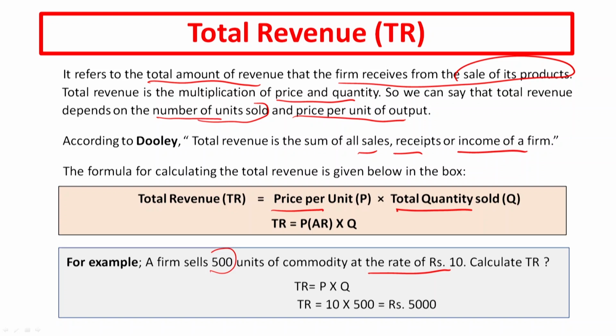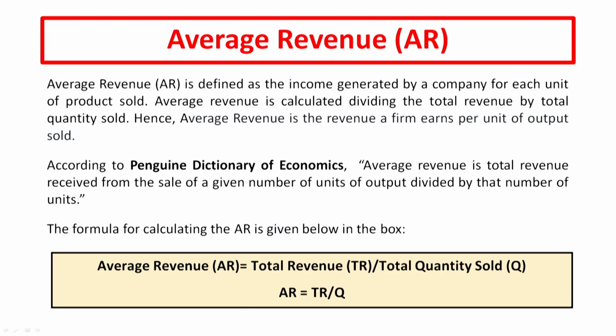So, TR basically means the total quantity sold in consideration with the price per unit of any respective product. Average revenue. The average revenue is defined as the income generated by a company for each unit of product sold. The meaning you can derive from the word here, average.